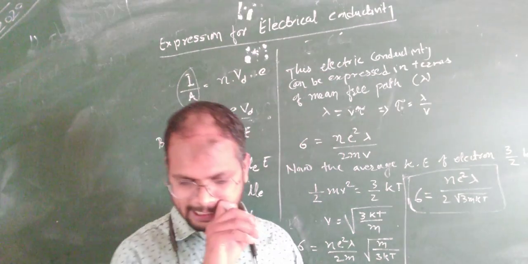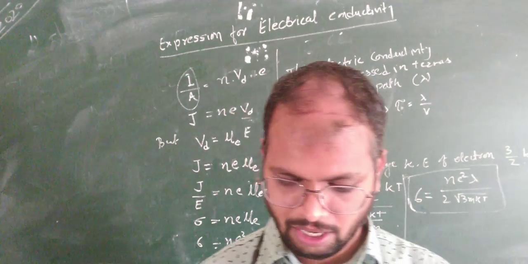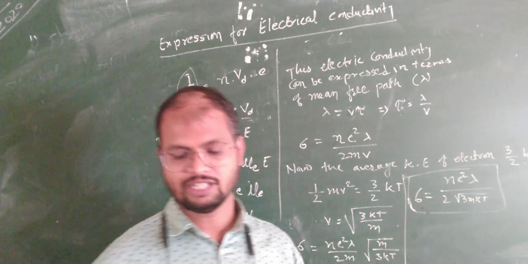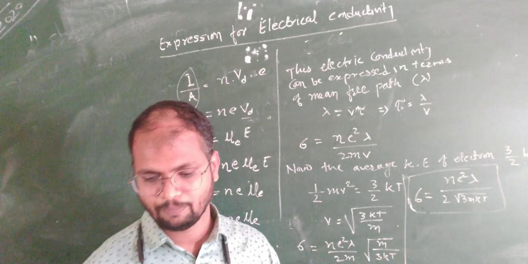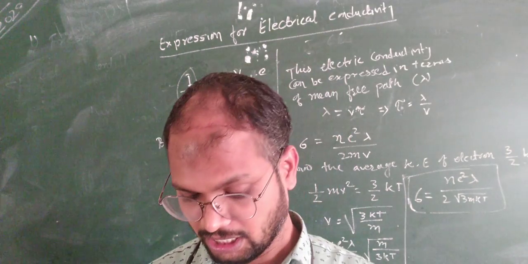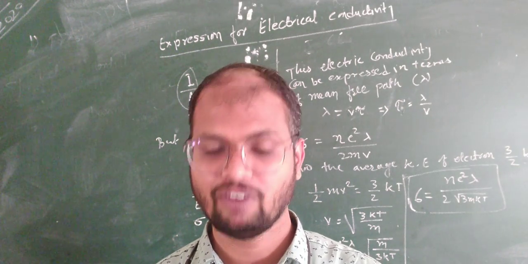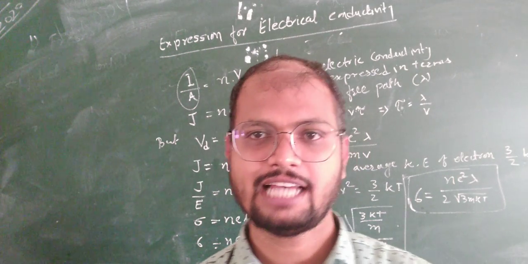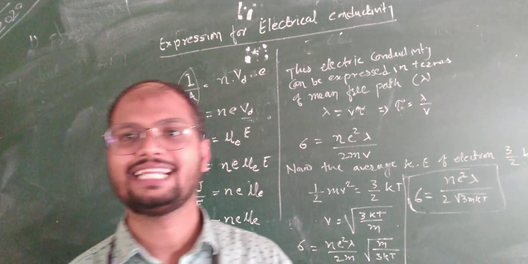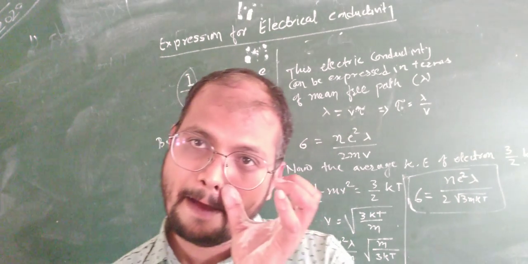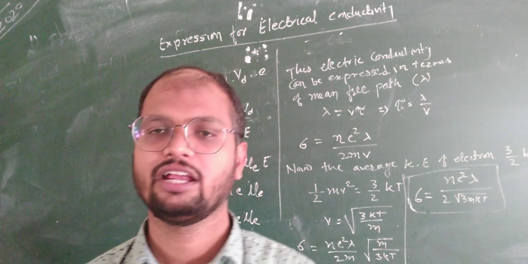All these electrons, n A Vd, in this volume will come out of one end in 1 second due to the drift velocity. So the current through the metal, the net charge crossing the end in 1 second, is I equal to the number of electrons crossing into the charge on the electron, that is n A Vd into e.